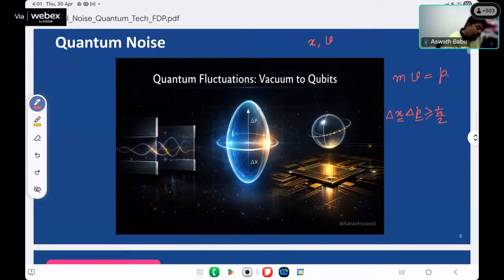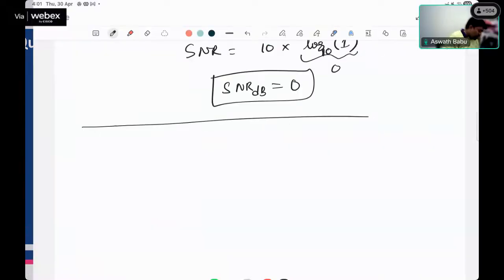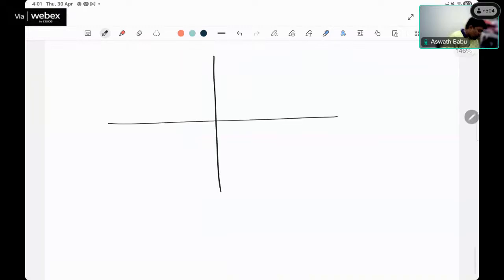If I draw the x-axis, along it I'll represent position, and along the y-axis I'll represent momentum. Instead of position I'll say delta x, delta p. This is how much error I make in position measurement and how much error I make in momentum measurement.